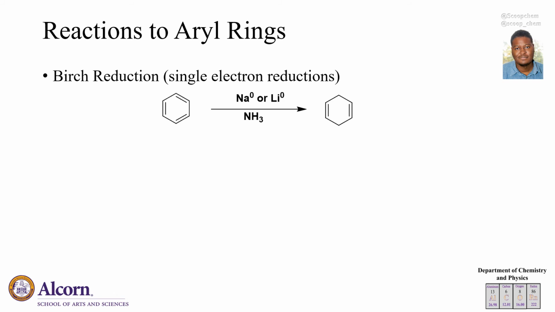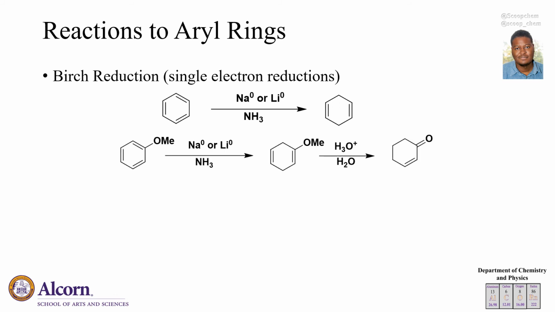Okay, let's look at reactions to aryl rings. The Birch reduction is a single electron reduction. It would take benzene and reduce it to 1,4-cyclohexadiene. And to do the Birch reduction, I need either sodium metal or lithium metal dissolved in liquid ammonia. Substituents can be present.